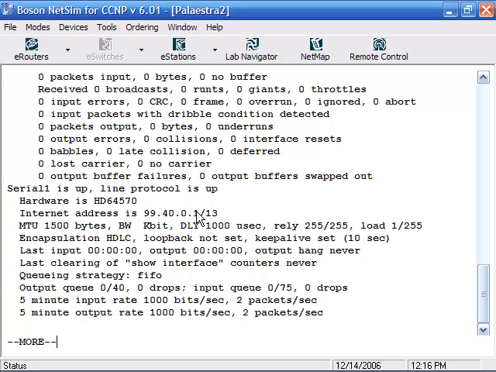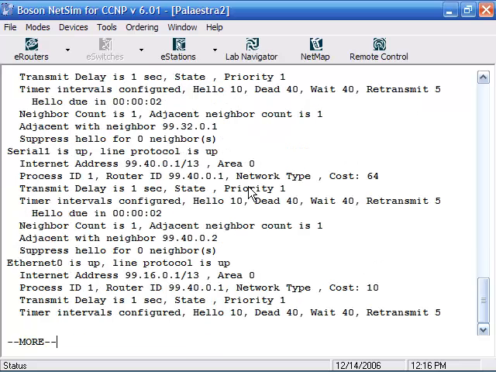Also, I can't have the same IP. If they were both 99.40.0.1, I'd have an IP conflict. So I've got to make sure that the IP stuff is fine. Once I've verified that the IP information is fine, I would check one other thing. I would use the show IP OSPF interface command.